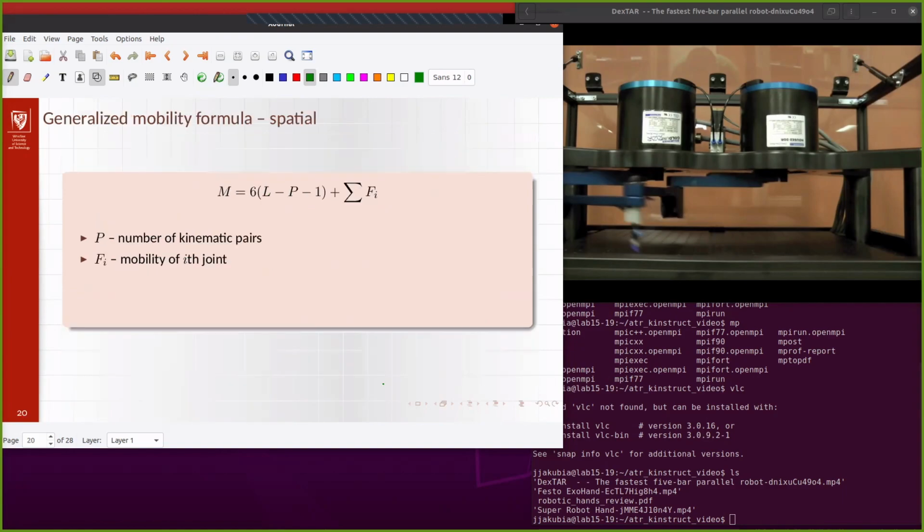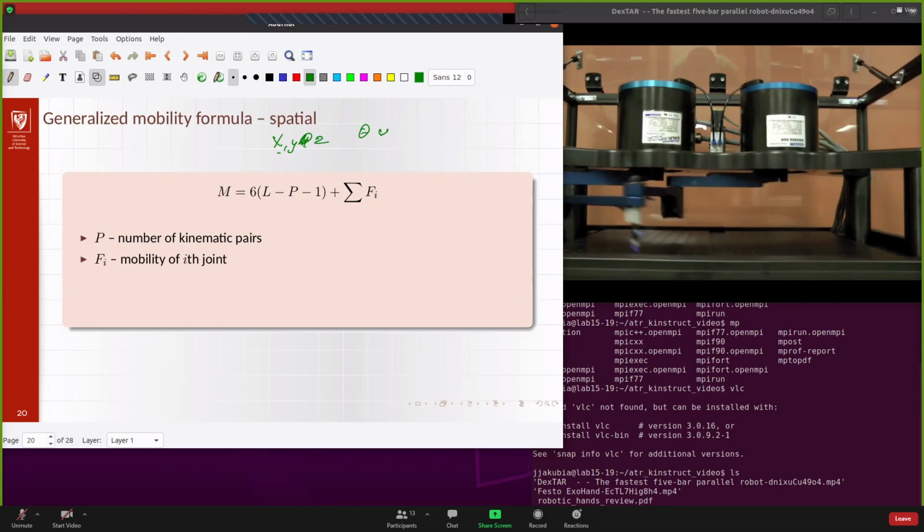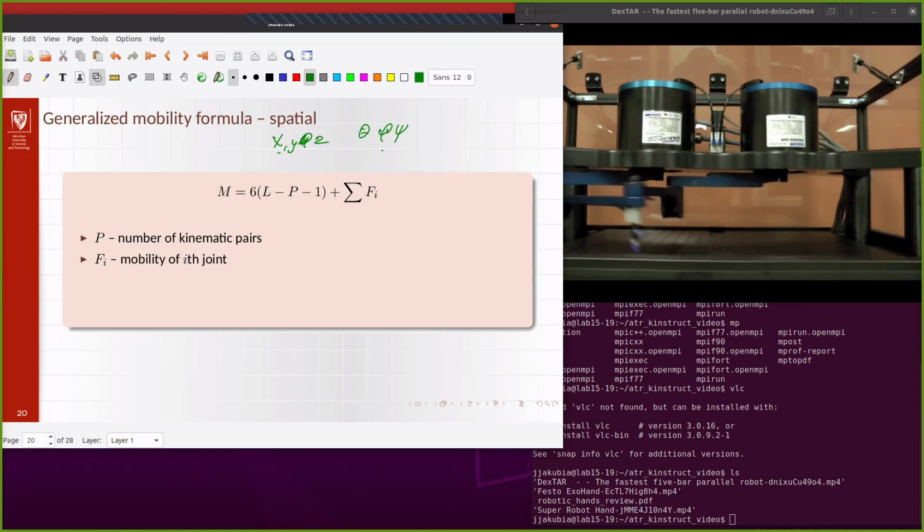We replace it by x, y, z, theta, phi, psi. So we replace it with the base of 6 degrees of freedom. Again, we have the number of links minus number of kinematic pairs, and we add the mobility of each joint. So if the joint has the mobility 1, we just add 1, and so on.